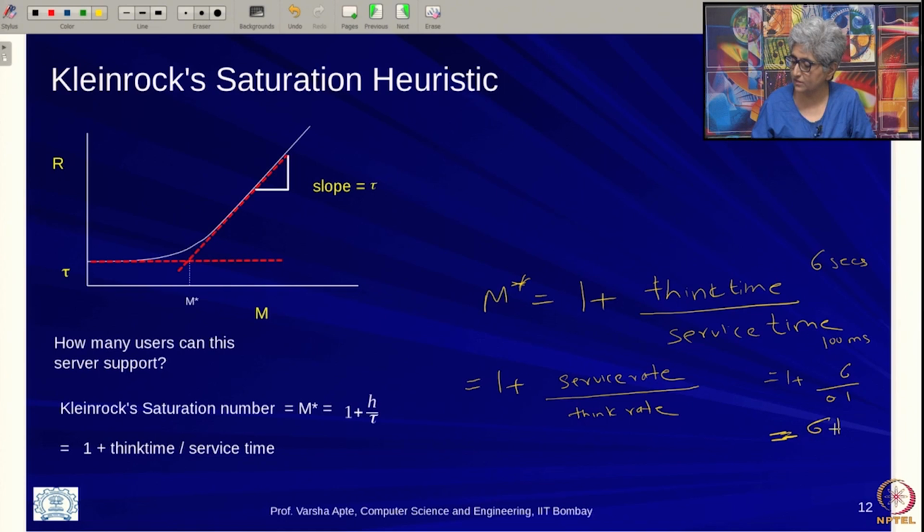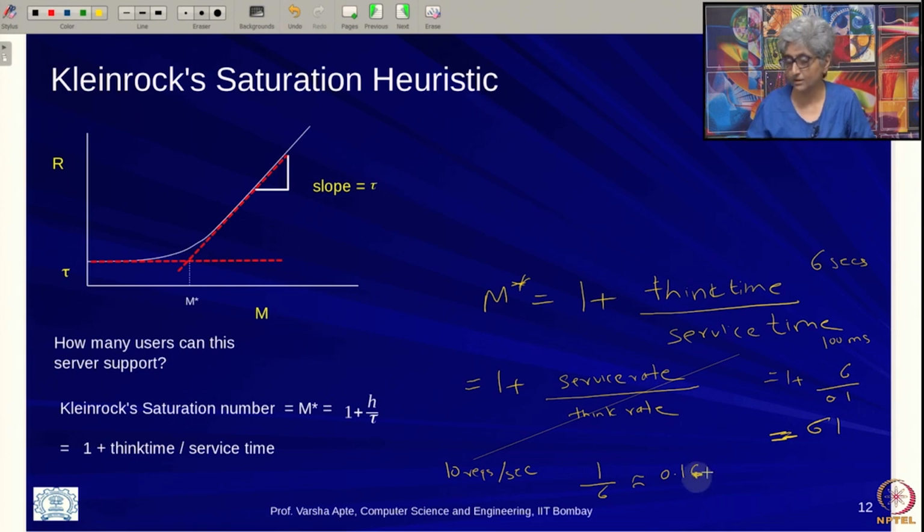Let us take another example. A 100 millisecond service time corresponds to a service rate of 10 requests per second, okay, and a 6 second think time is 1 request per 6 seconds, that is around 0.16 requests per second, some kind of a think rate.